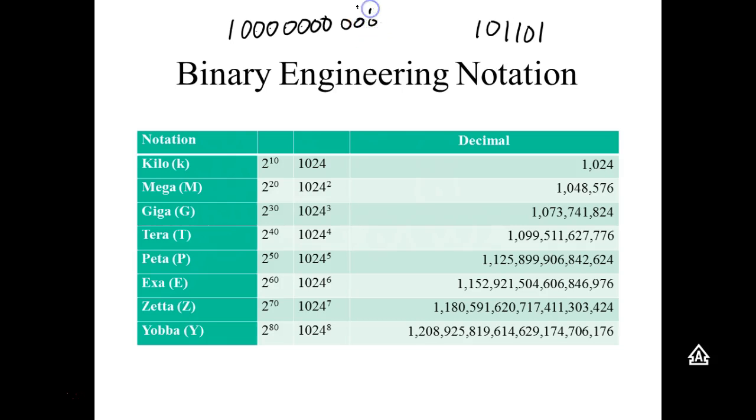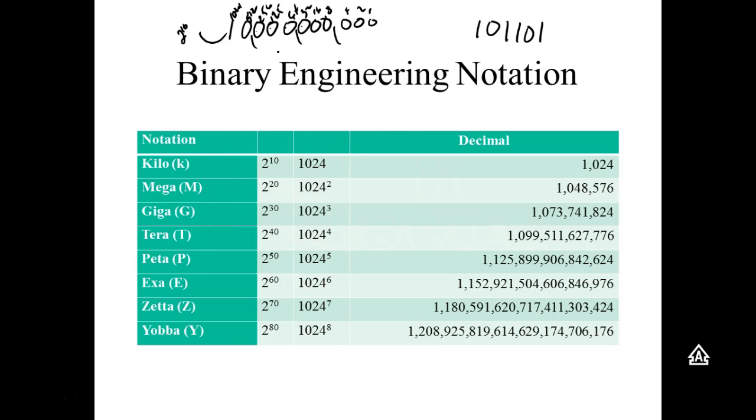Of course, this would be 1, 2, 4, 8, 16, 32, if it's binary, 64, 128, 256, 512, and this would be 1,024, which is the same as 2 to the 10. But what we want to do is see it as this. Right? Understand that?